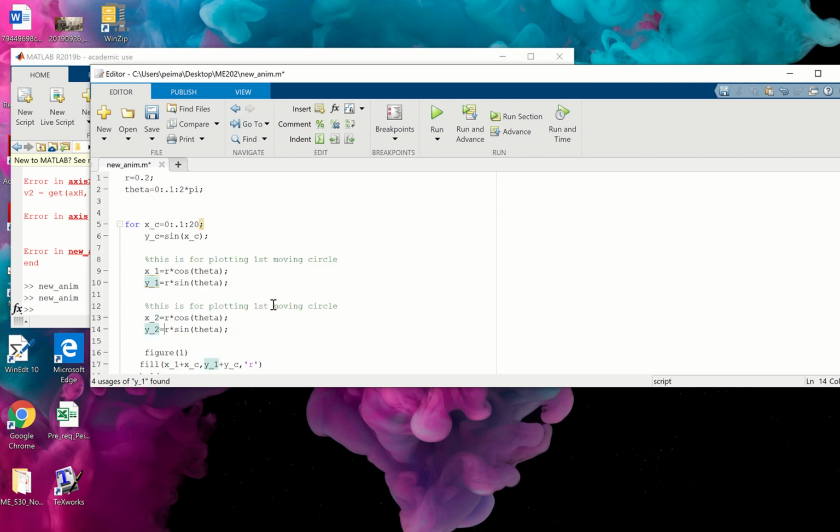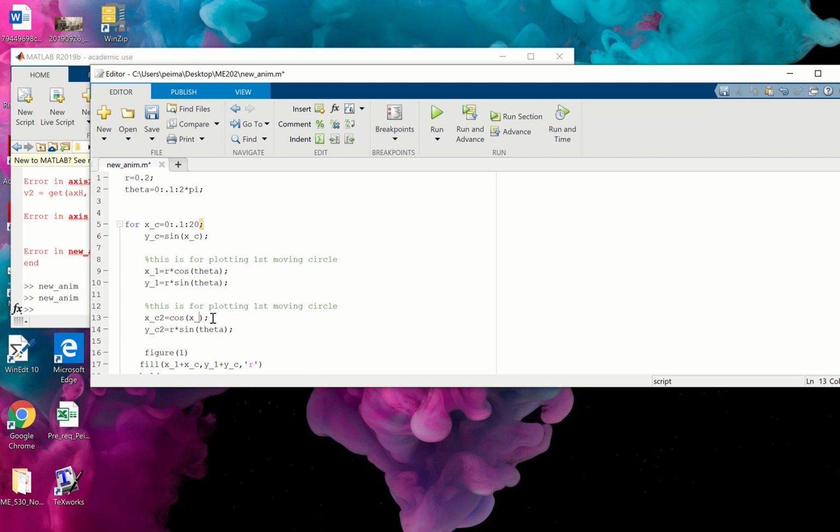x2, and you can have, sorry, not this. So xc of 2 is going to be cosine of, see this, we are moving the center of this, right?